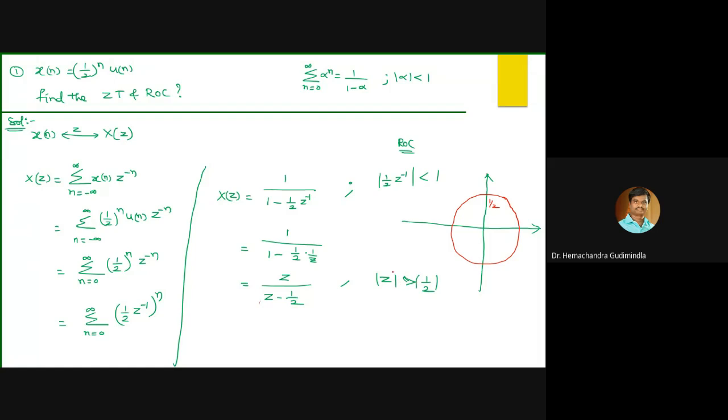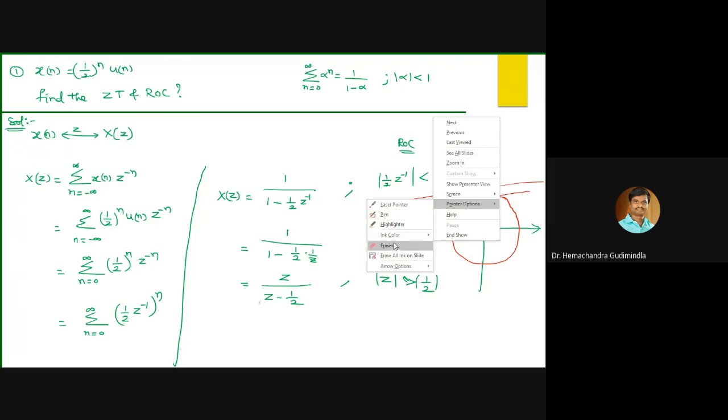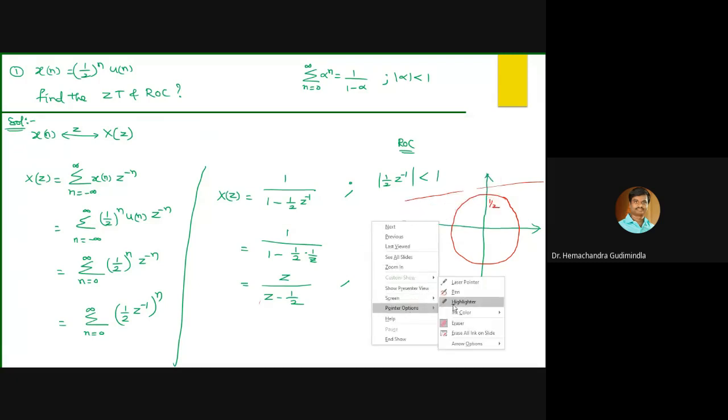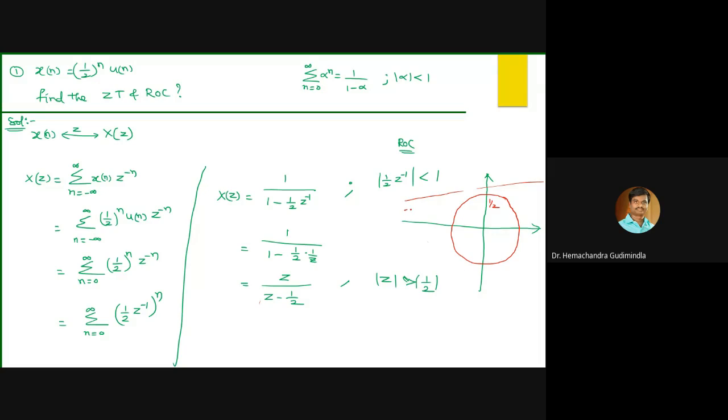The z value is always greater than 1 by 2. That means your region of convergence is outside of the circle z equal to 1 by 2, as you can see here. So this is your region of convergence. It should not go inside. It should be outside of the circle.